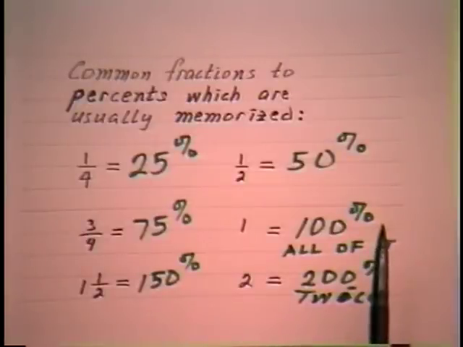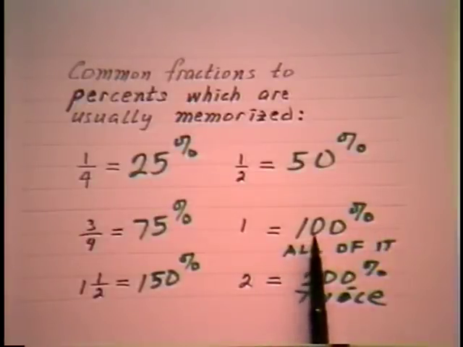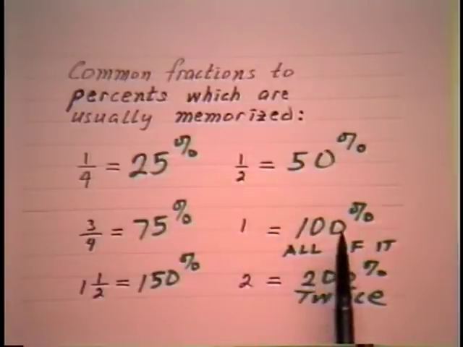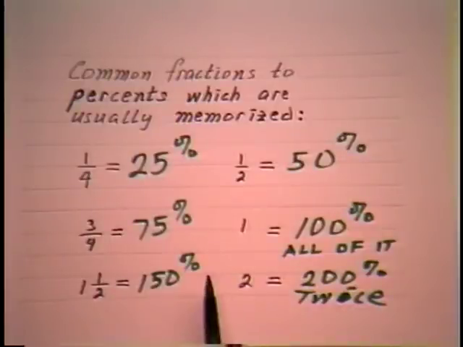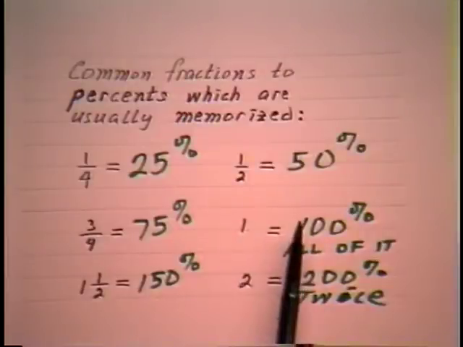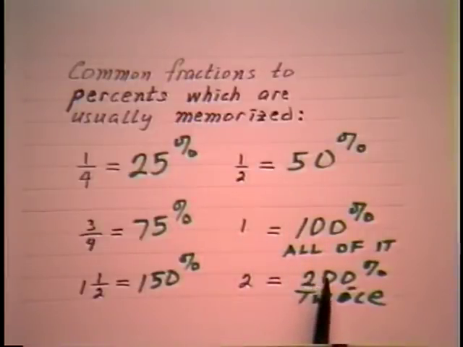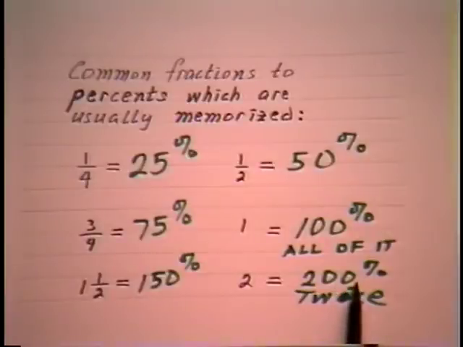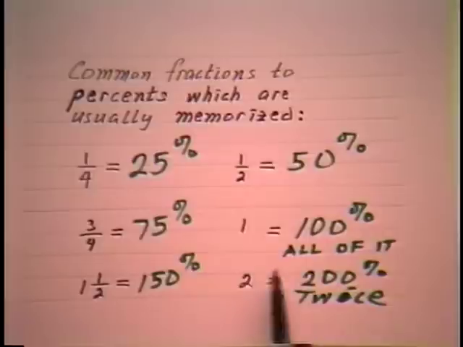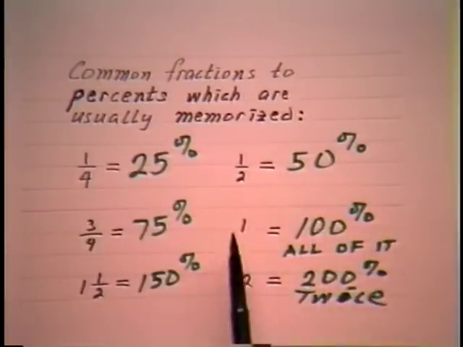If we were to say all of our group went to the fair, we're saying 100% of our group went to the fair. 1.5 is 150%, and 2, which is twice 1, would naturally be twice 100% or 200%. Also very helpful, just remember the word twice. If something costs twice as much as it used to, it costs 200% as much as it did originally. So remember, twice or 200% is the number 2. All of something, or 100%, is the number 1.